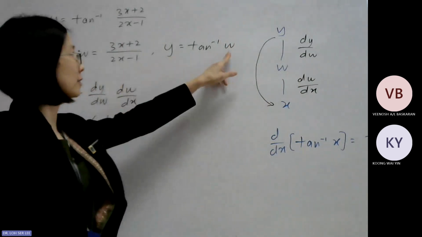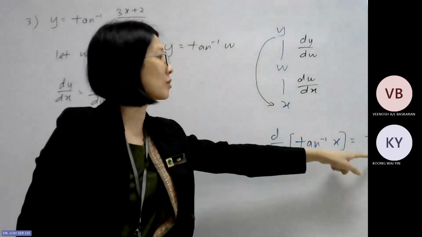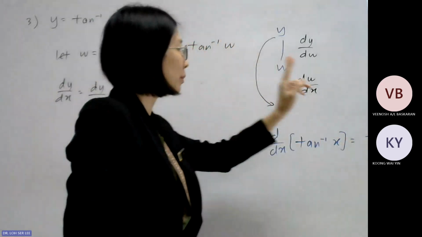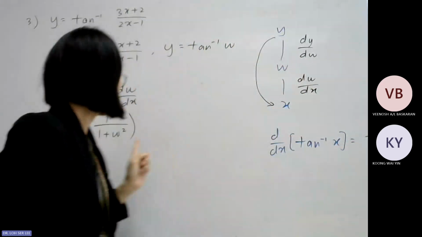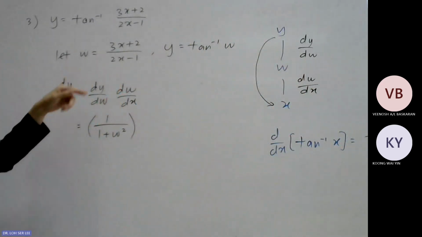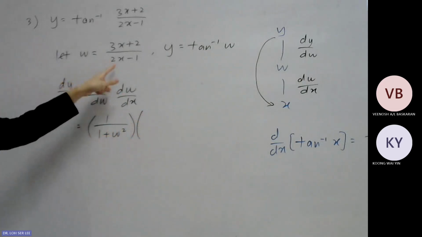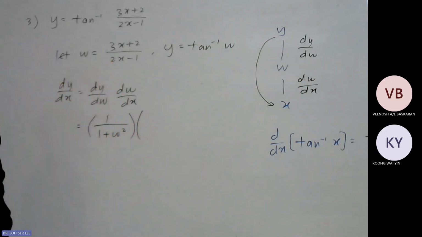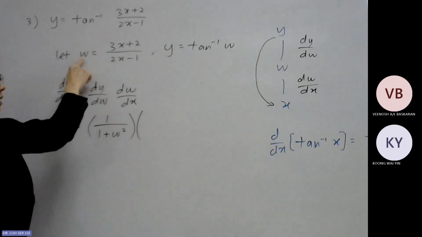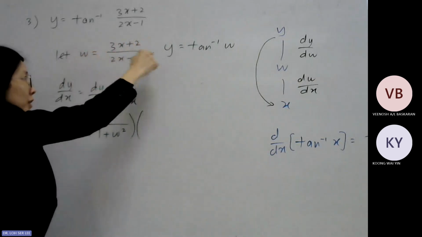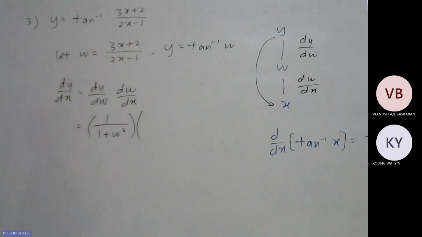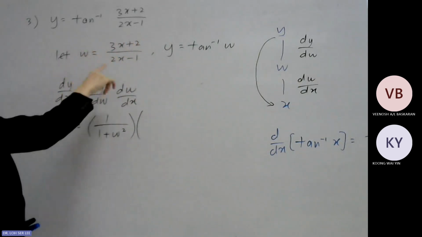When this is x, dy dx is this one. So when this is w, dy dw will be this. Then dw dx. How to get dw dx? Quotient rule, because your w is a function in x over another function in x. You have to use the quotient rule.